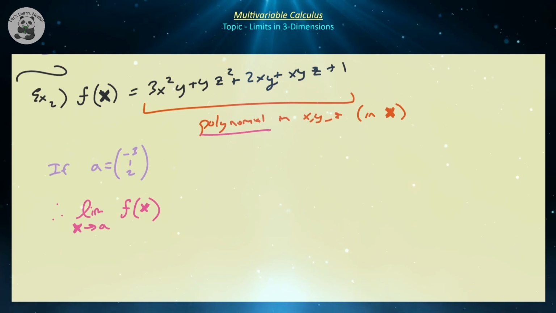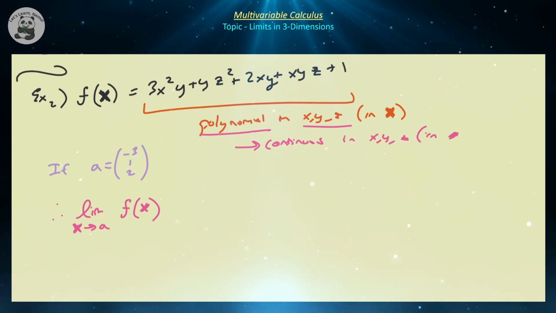Right, so since it's a polynomial in x, y, z, that means it is continuous in x, y, and z, or more generally, in bold x. So since it's continuous, that means this is going to be equal to f of a.